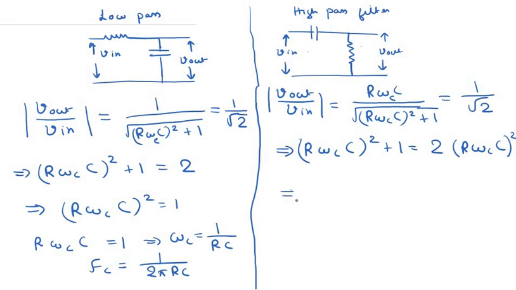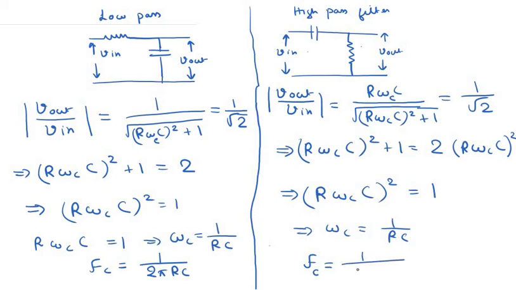So we again get the same equation, (r omega c) square is equal to 1, so omega c is equal to 1 by rc. Omega c is the angular cutoff frequency. If we write in terms of actual frequency, we divide by 2 pi, so 2 pi rc.